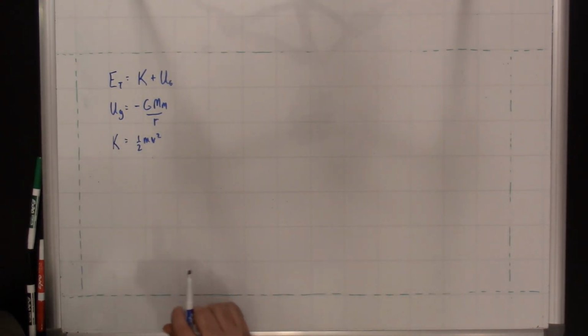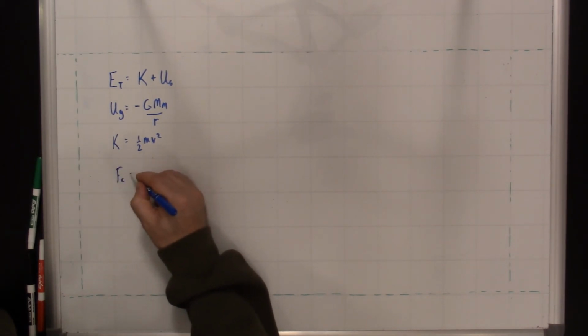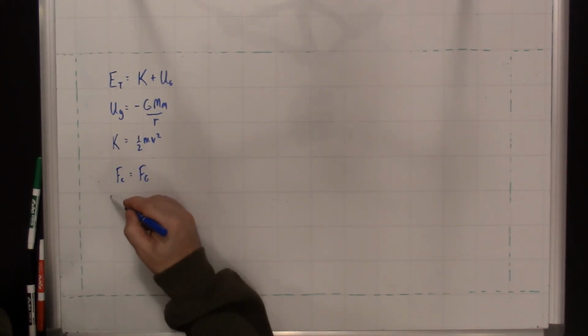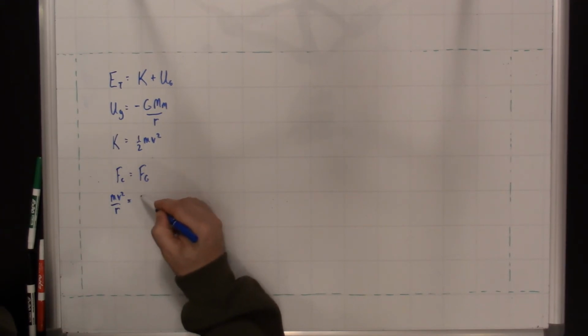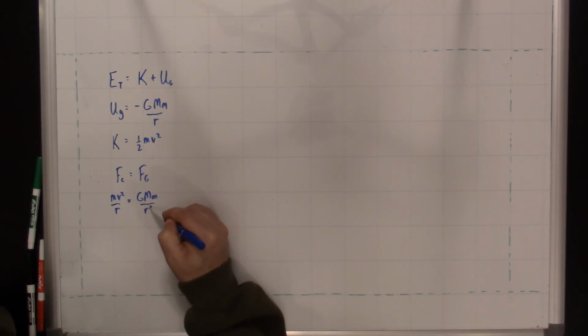But watch what happens if we go back to that same construct that we started with. If we set the centripetal force equal to the gravitational force for an orbiting body, we end up with mv squared over r is equal to G big M little m all over r squared.